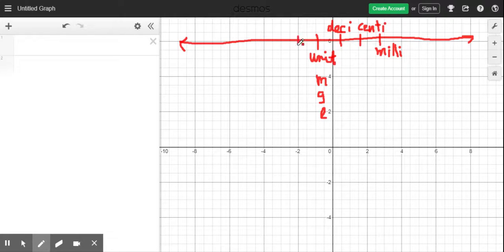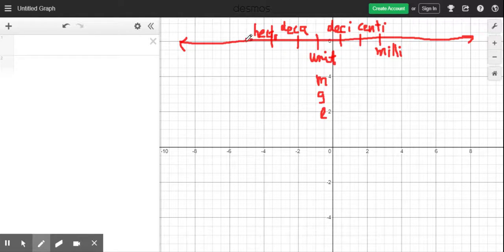Now we can go the other direction. We're still going by a factor of 10, but if we're going to the left this time, we'll be multiplying by 10. So 10 meters is a decameter, D-E-C-A. And if we multiply by 100, 100 meters is a hectometer, the prefix H-E-C-T-O.